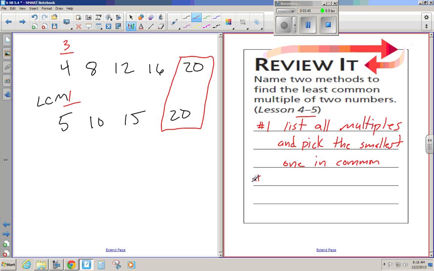The other method was to do a prime factorization.